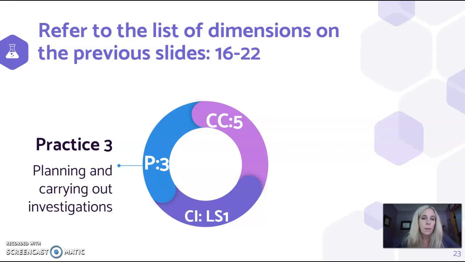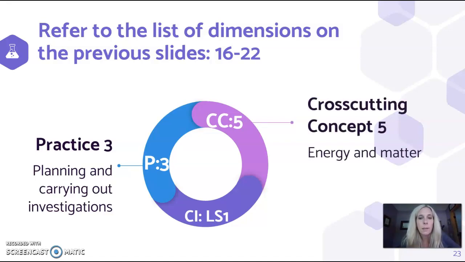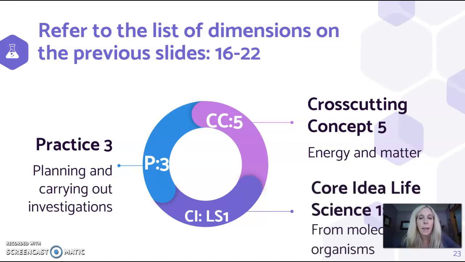The second one up on the upper right, CC5, is another example of what you might see. Again, CC stands for cross-cutting concept, and then 5 stands for energy and matter. The last dimension, CI, stands for core idea. LS stands for life science, and then the 1 refers to molecules and organisms.